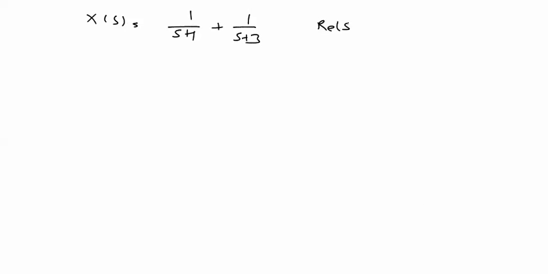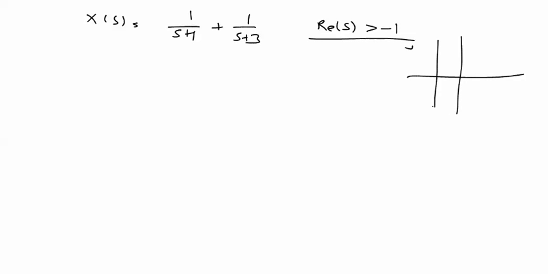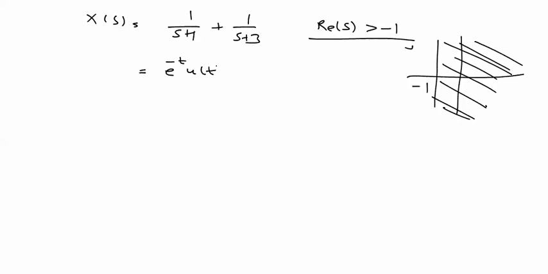If we consider ROC greater than the particular value minus 1, then we can write the expression as in the previous case I already wrote, x(t).